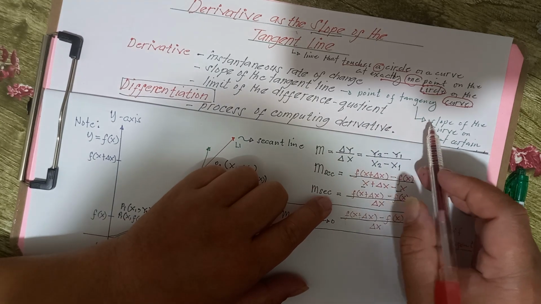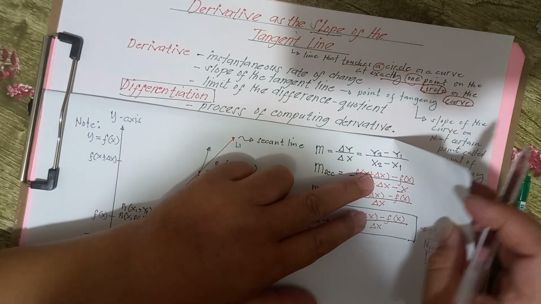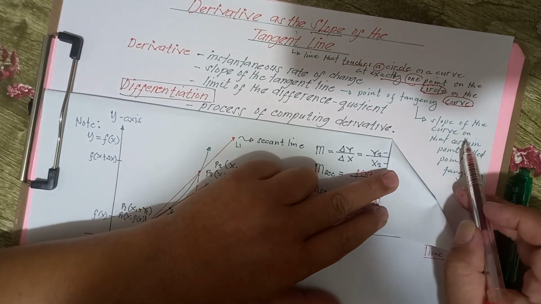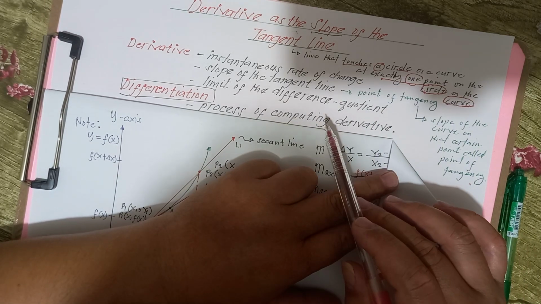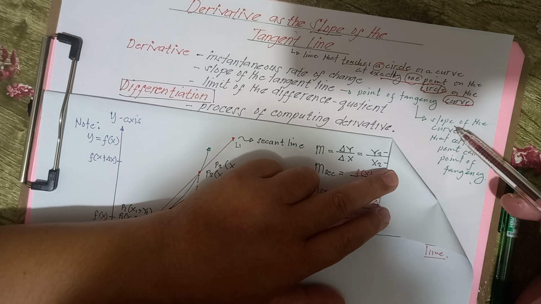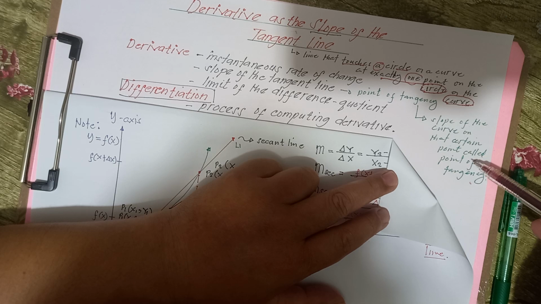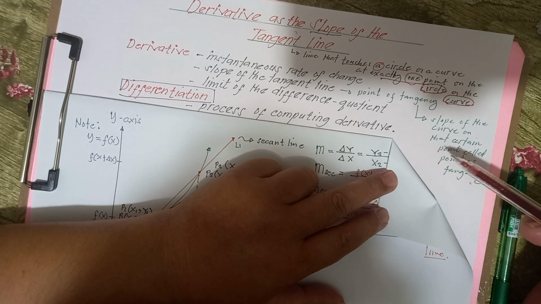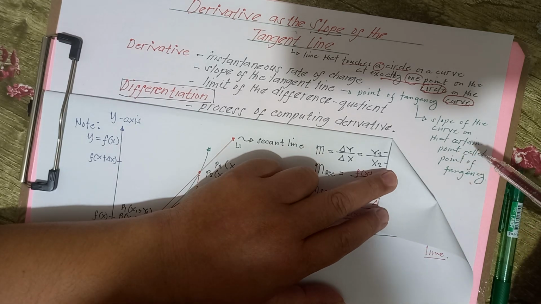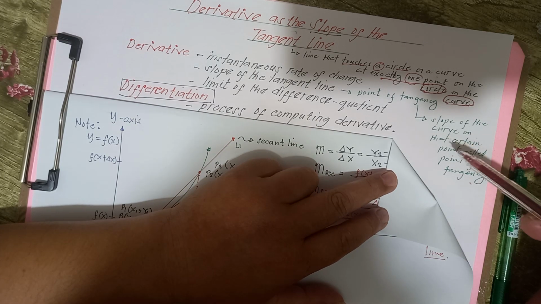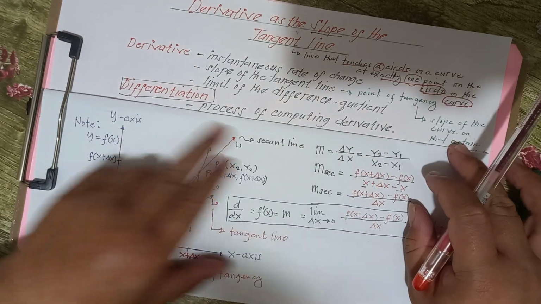The point of tangency is the slope of what? It is the slope of the curve. So the slope of the tangent line is also the slope of the curve on that certain point called the point of tangency.